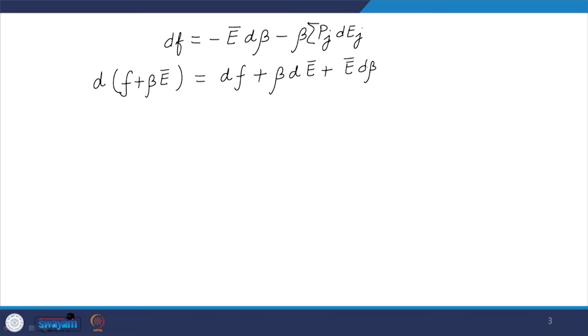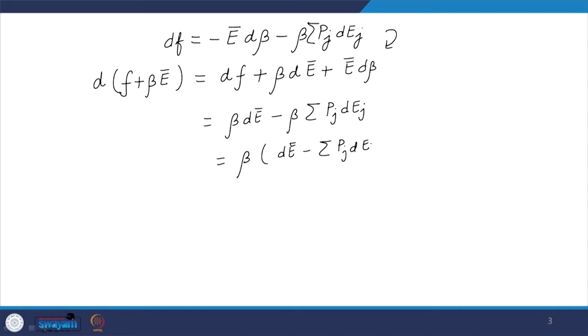If I now put the expression of dF from here, what this gives me essentially is beta dE bar minus beta summation of Pj dEj, which we can write as beta times dE bar minus summation over Pj dEj.